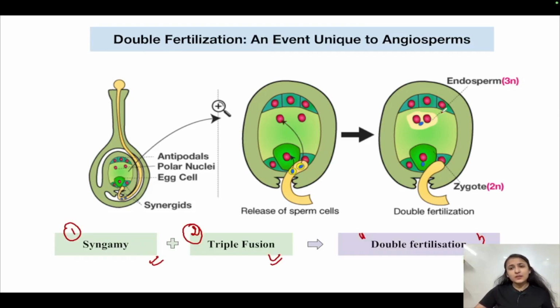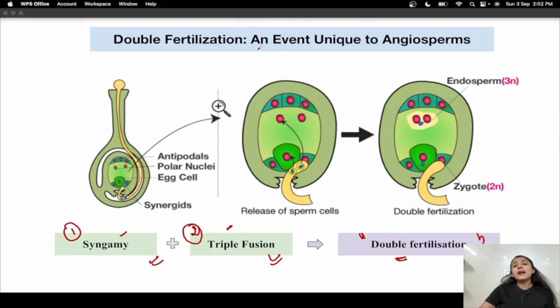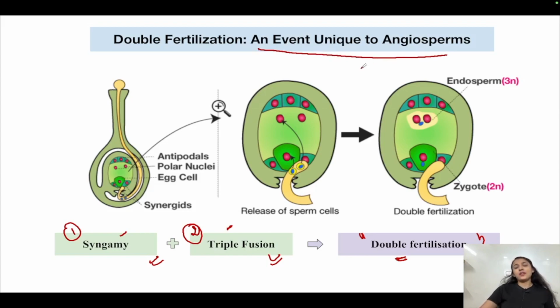When it is fusing with the diploid secondary nucleus, that is the triple fusion process. Both of these are fertilization processes. So, two fertilizations are happening. That is why this process is known as double fertilization, and this event is unique to angiosperms. In no other plant group is this event seen. It is exclusive and unique to angiosperms.